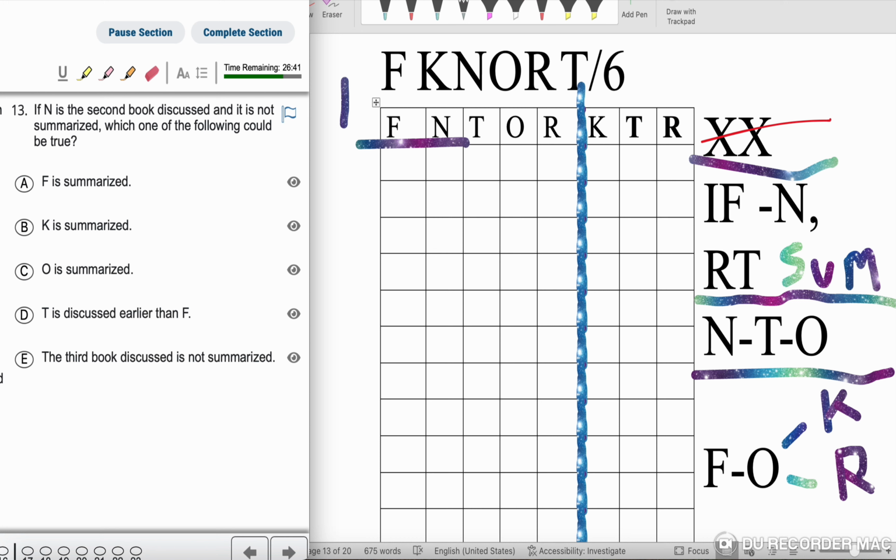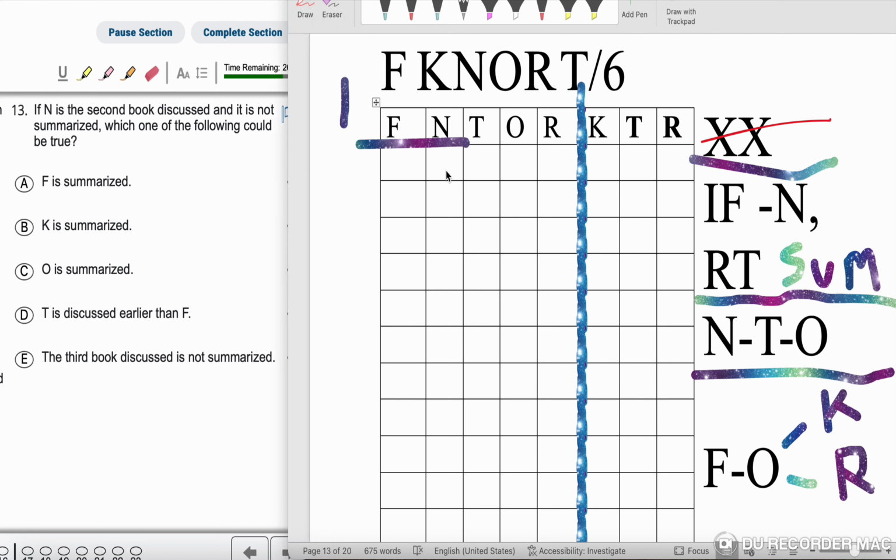Question 13. If N is the second book discussed and is not summarized, then which one of the following could be true? So N is going to be the second one. Okay, so I have N here, second one.